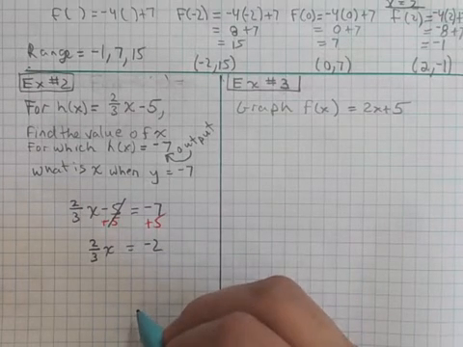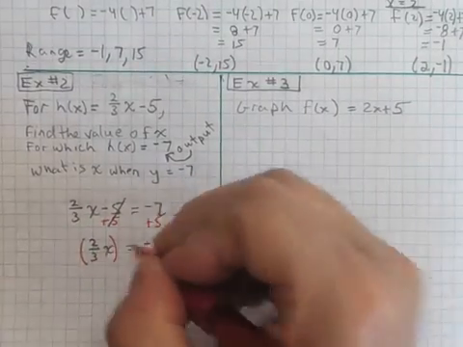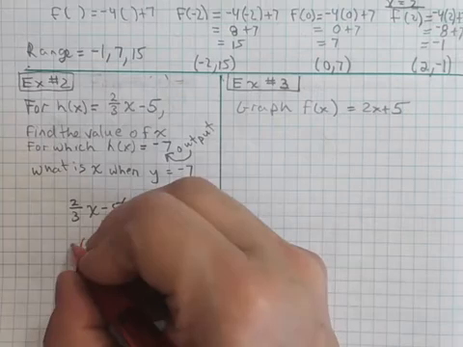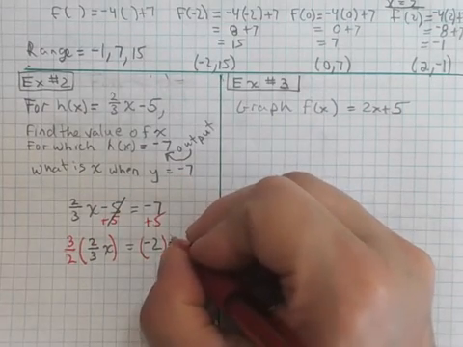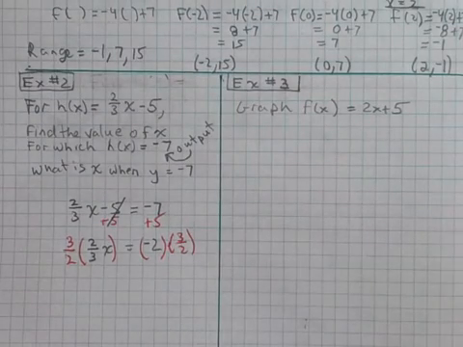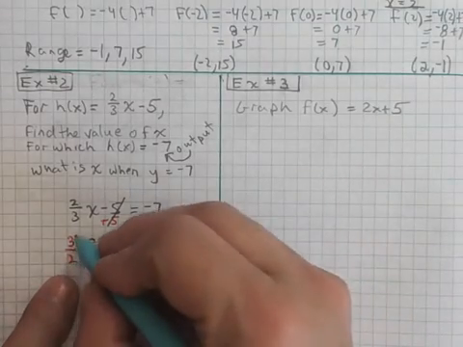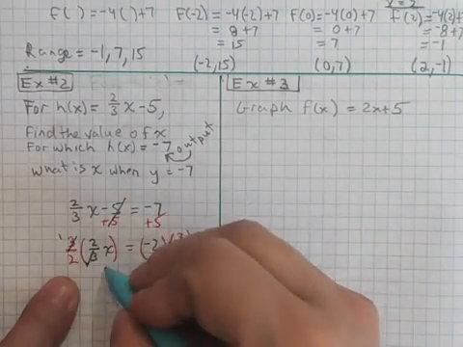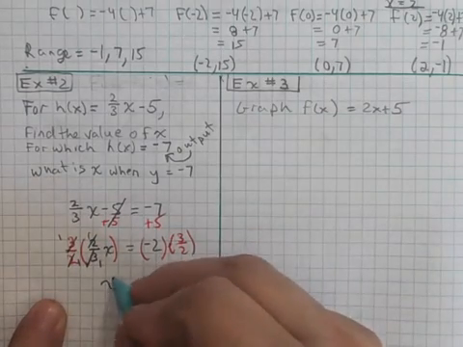What is the reciprocal? All right, the reciprocal is 3/2. So multiply by 3/2. The product of reciprocals is 1, because 3 divided by 3 is 1, and 2 divided by 2 is 1. So there's 1x.